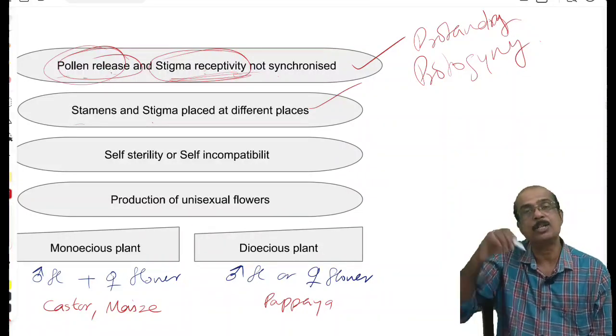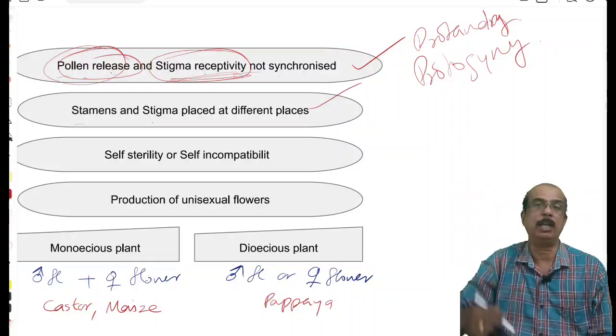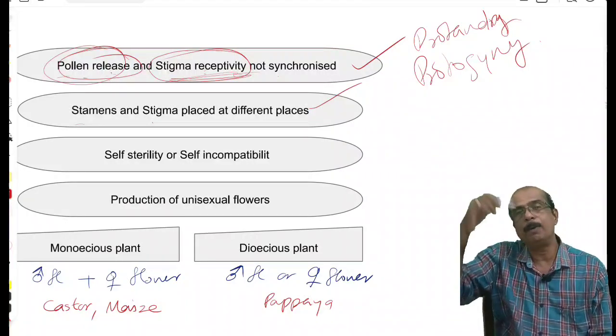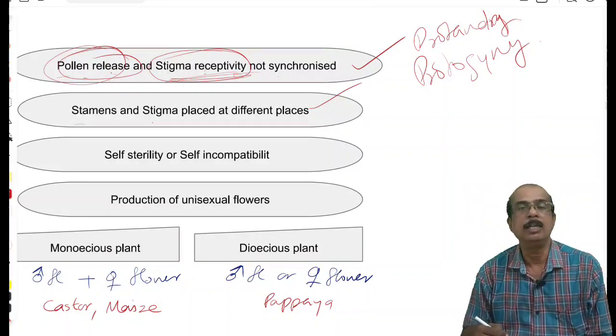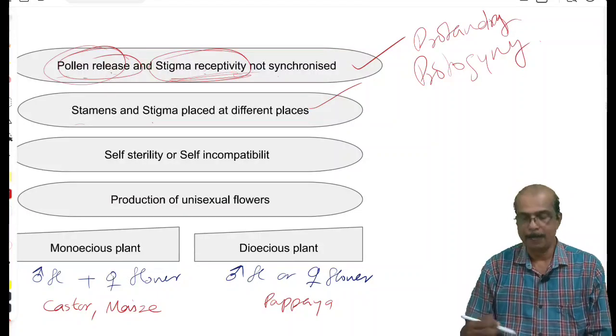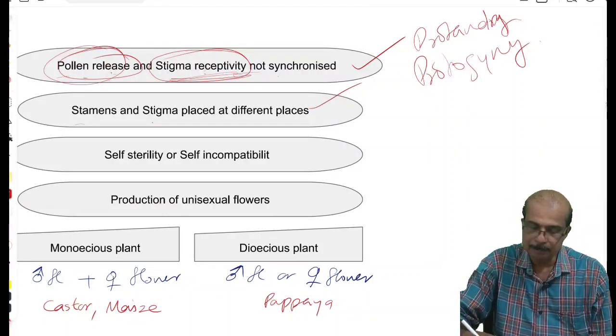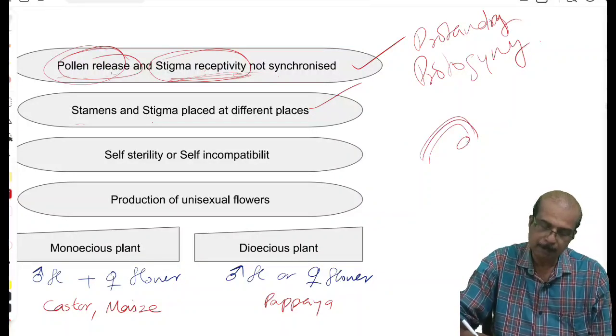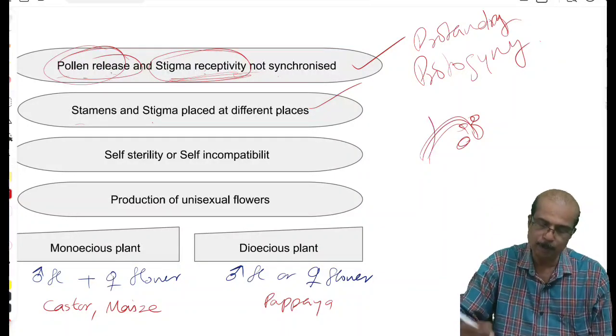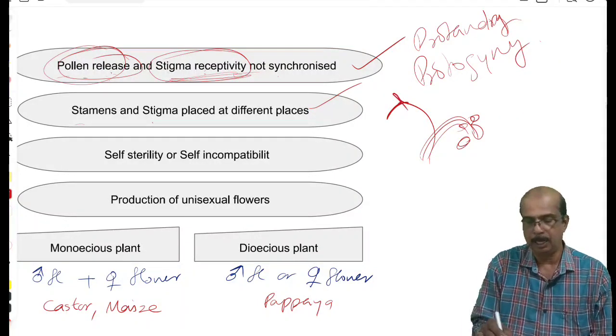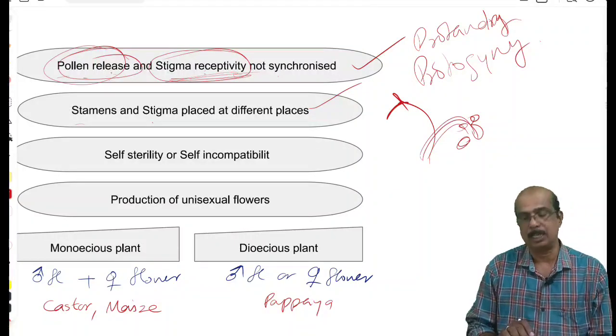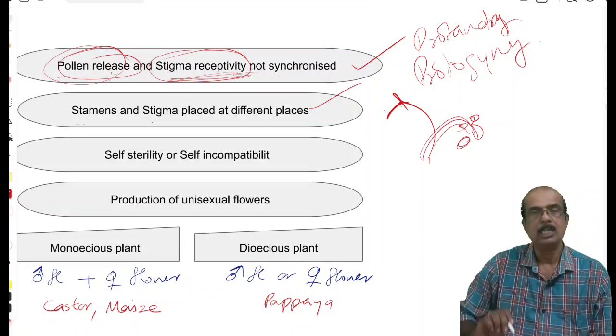Sometimes stamens are short and the stigma is very long, so there will not be a chance for easy self-pollination. Sometimes pollen grains are directed towards one end and the stigma may be directed to the opposite side. They are facing opposite sides, so there is no chance for self-pollination.